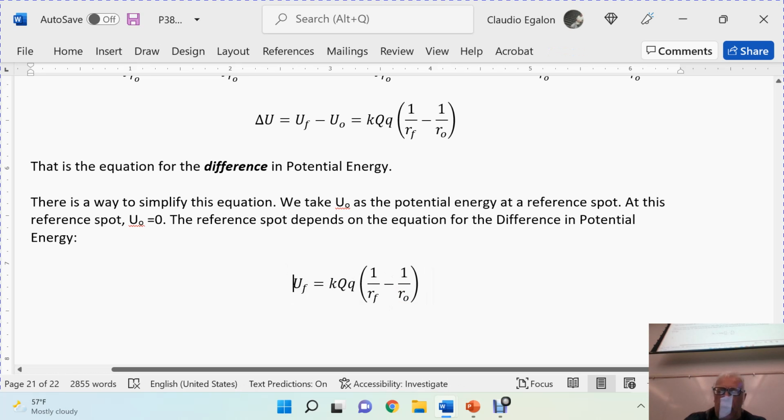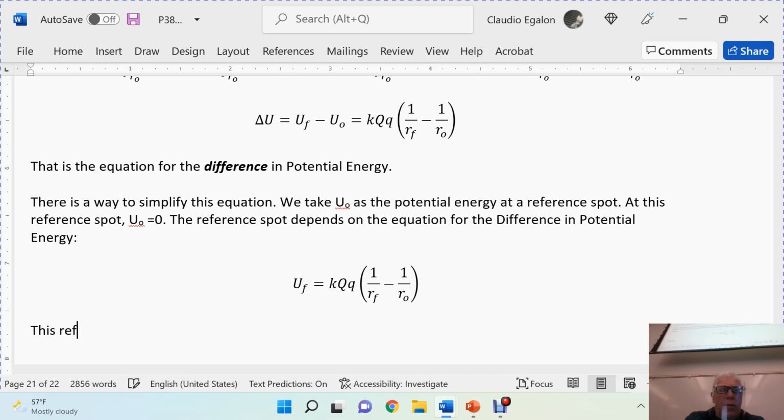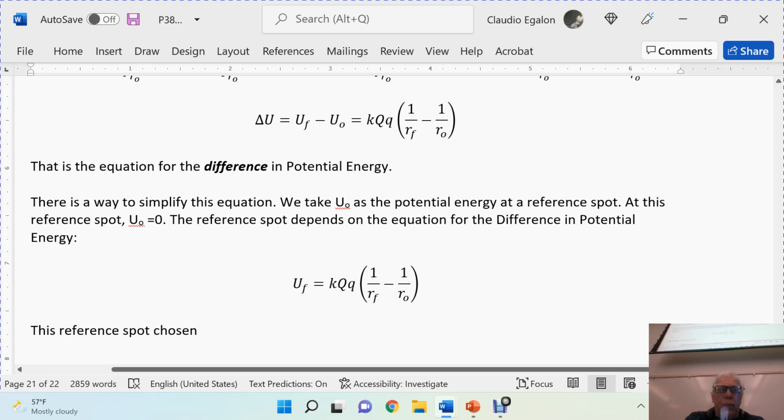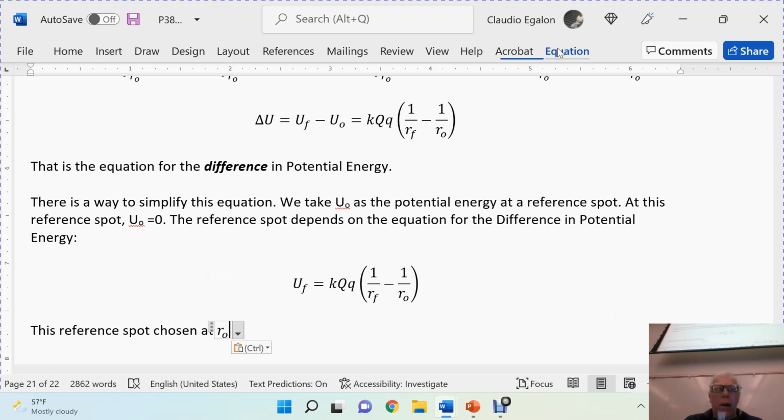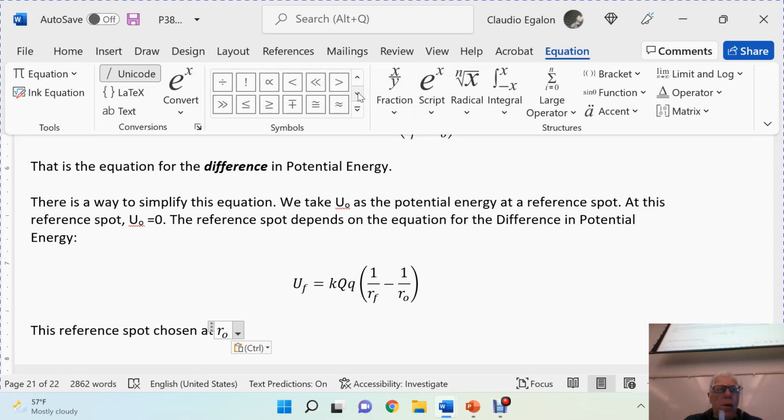This reference spot is chosen for R naught at a point that's very far away from the first charge.